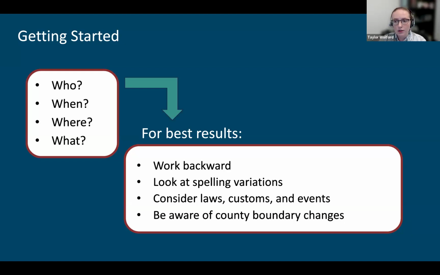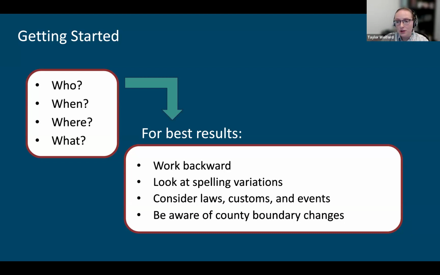And then what are you looking for? Are you looking for when somebody was married to someone else, when they had a child, when they perhaps relocated across county lines? These are all very basic questions, but they can get you started on what at first glance with genealogy seems to be a very difficult task, which is piecing through our family histories.